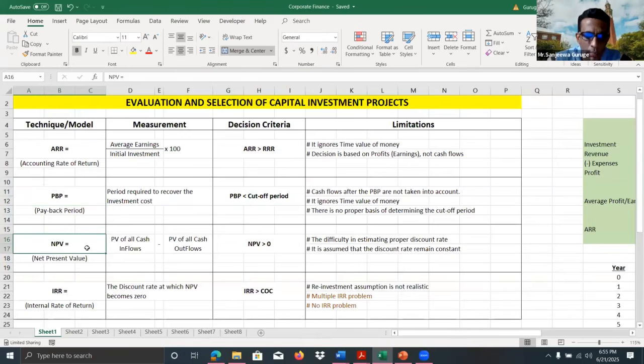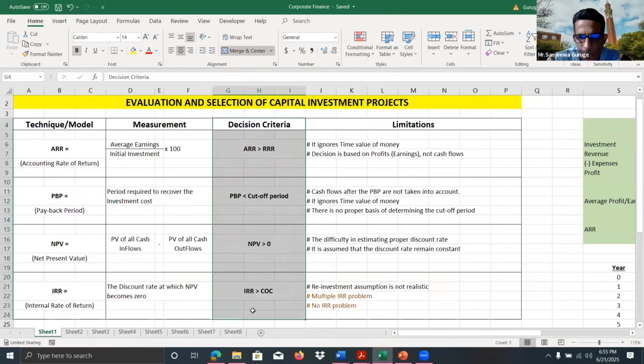And when we calculate NPV, it should be positive. When we calculate IRR, IRR should be greater than the cost of capital, right? So these decision criteria should be used to decide whether a particular project is acceptable or not. And the calculation of these values is fairly simple. You all know these things, right?